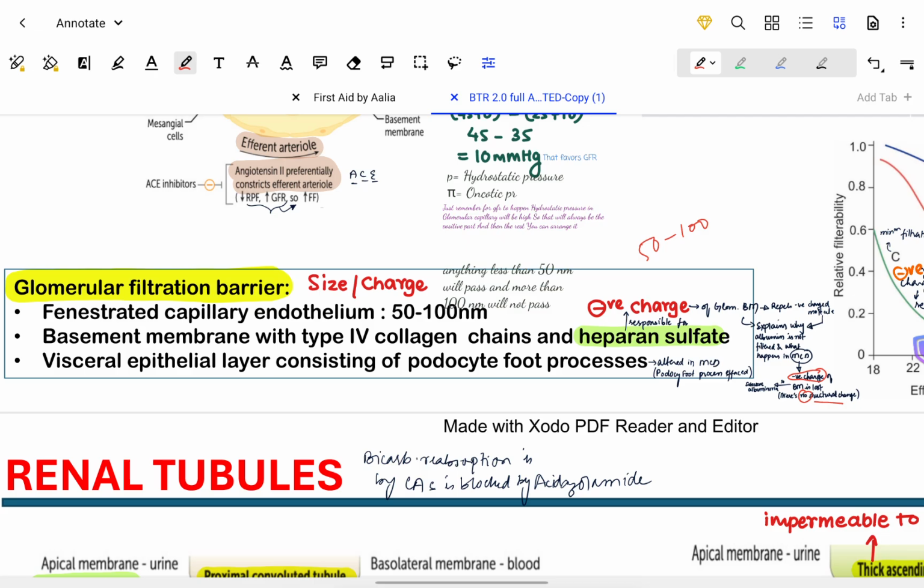First is the fenestrated capillary, which allows a size of 50 to 100 nanometers. Then the basement membrane, made of type 4 collagen, has heparan sulfate, which gives a negative charge and repels albumin, and it is affected in minimal change disease. There is no structural change, but there is a problem in the charge. Then the visceral epithelium layer consisting of podocyte foot processes is also affected in minimal change disease.